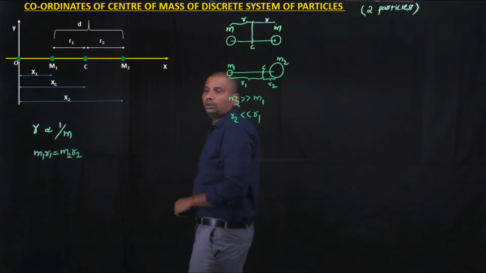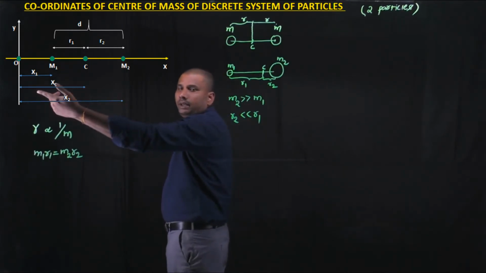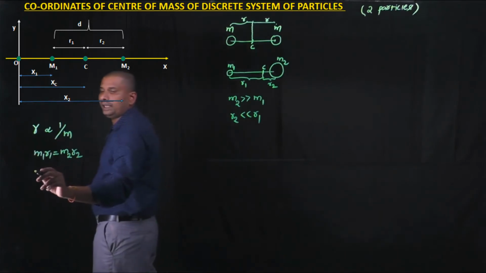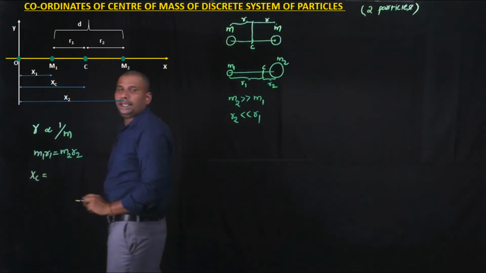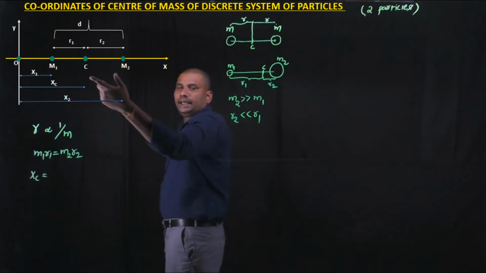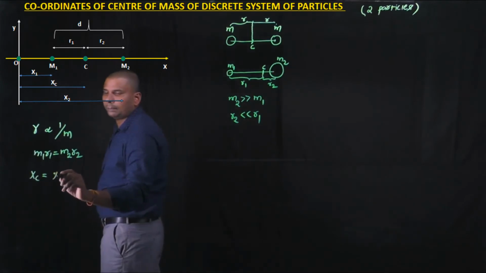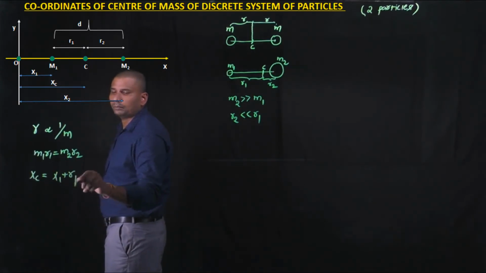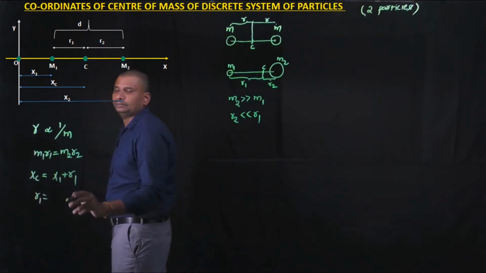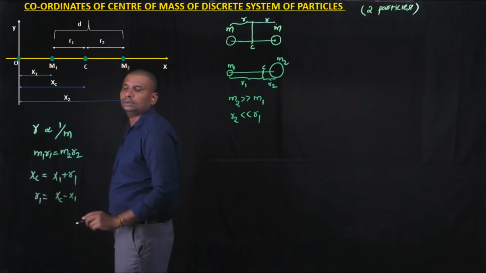Now the value of xc can be written, from the diagram, as xc is equal to x1 plus r1. From this we can write r1 as xc minus x1.